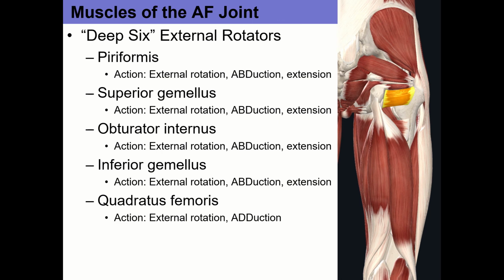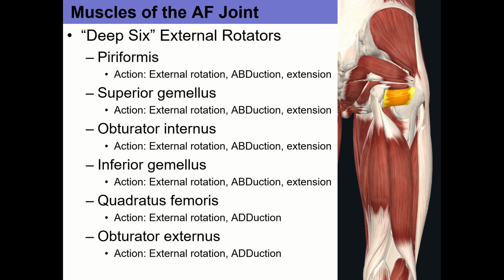So it's still an external rotation, but because it's so far inferior, or distal, it switches its action from being an adductor for the. So those are the 5 that are in the back.